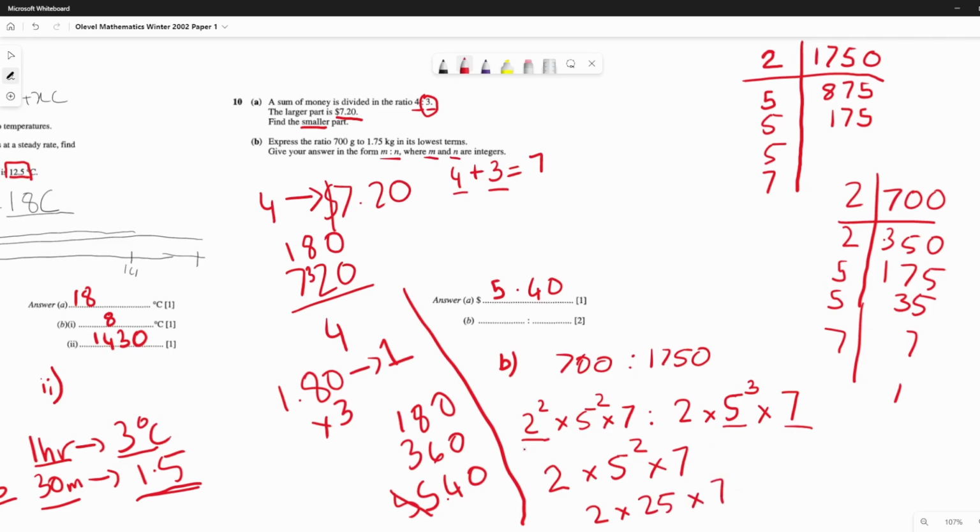Because this has a 2, this has a 2, this has 2 5s, this has 3 5s, that means it also has 2 5s, and this has a 7, and this has a 7. So we just take what they have in common, which is 5 squared, 2, and 7. So 2 into 25 into 7, which is 50 into 7, which makes 350.